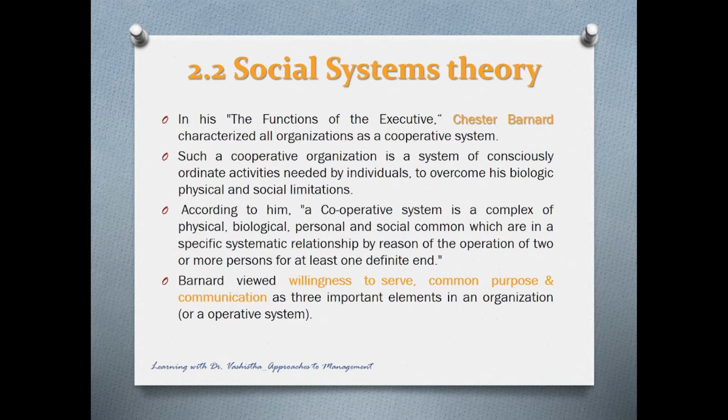According to him, a cooperative system is a complex of physical, biological, personal, and social components, which are in a specific systematic relationship by reason of the cooperation of two or more persons for at least one definite end.